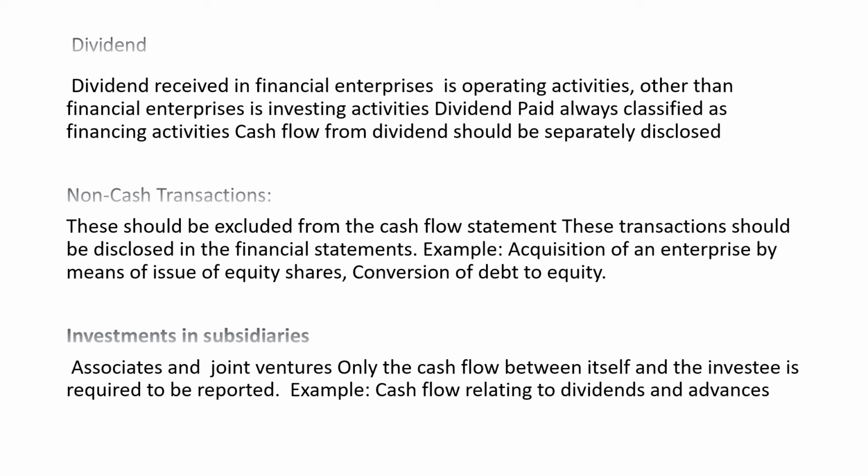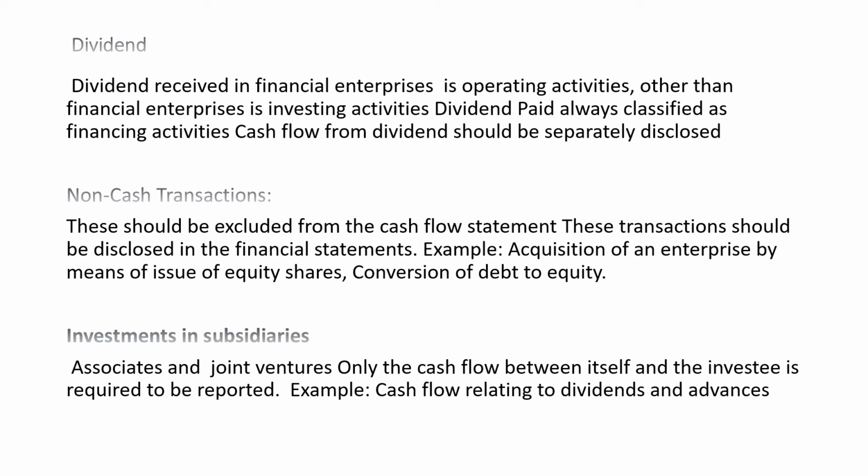Dividend. According to the provision of Accounting Standard 3, dividend received in a financial enterprise is operating activities, other than financial enterprises is investing activities. Dividend paid is always classified as financing activities. Cash flow from dividend should be separately disclosed.